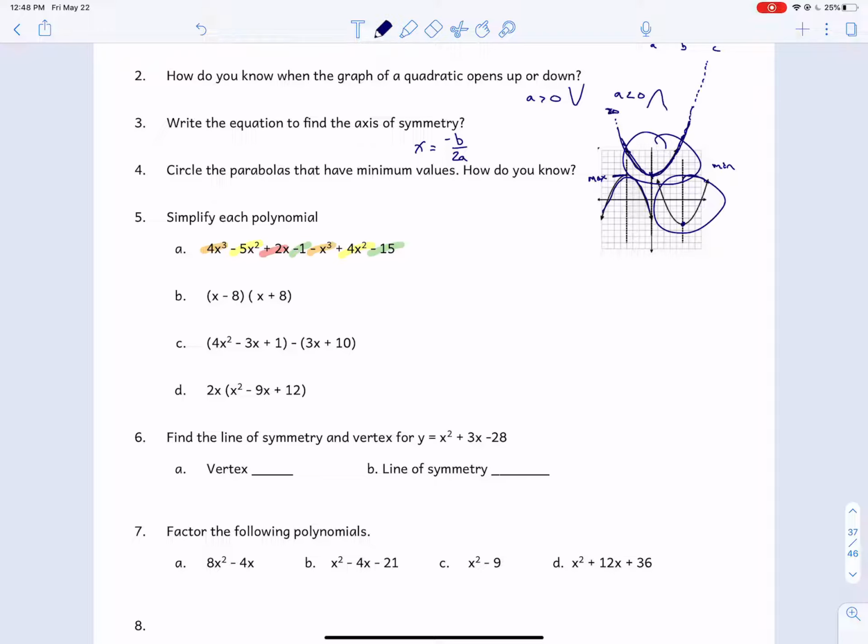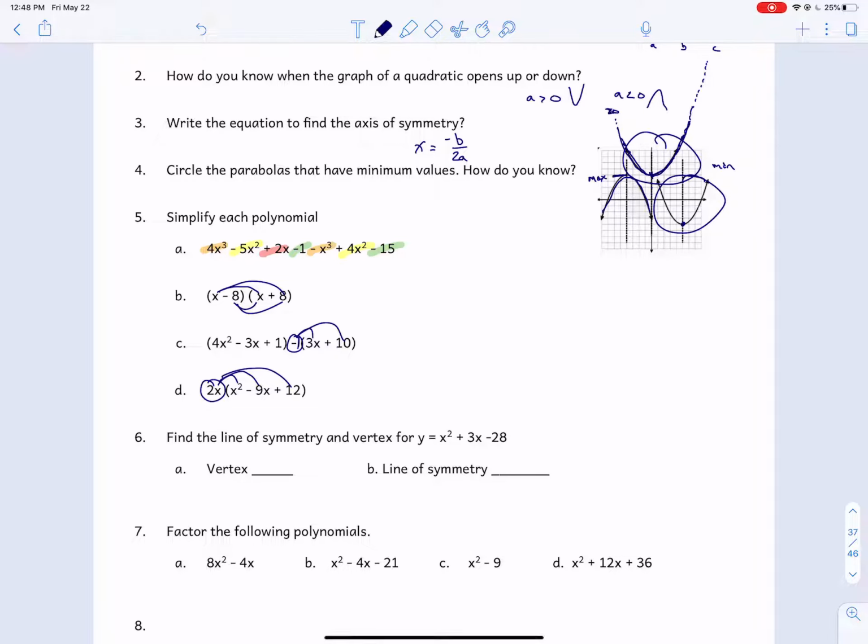Part B, we're going to multiply using distributive property twice. And then part C, we have to use distributive property first, so multiply this -1 times each of those, and then combine like terms. And then the final one is just distributive property to multiply that 2x.